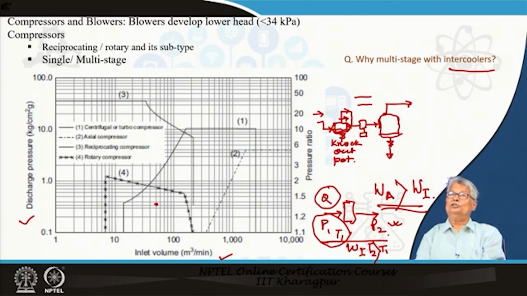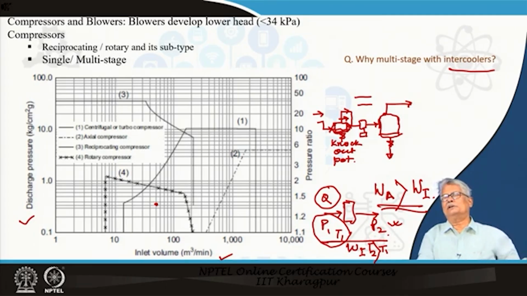So, use of intercoolers not only reduces the size of the downstream cylinders and piston, it also reduces the power requirement in increasing the pressure from P1 to P2. So, we have an idea why multi-stage compressors are so common.